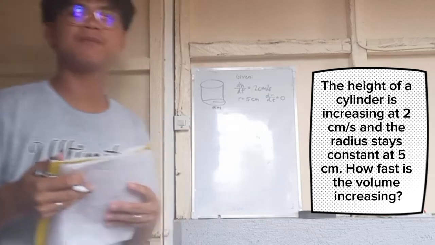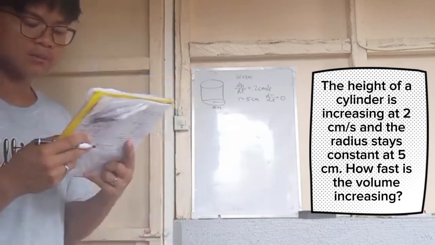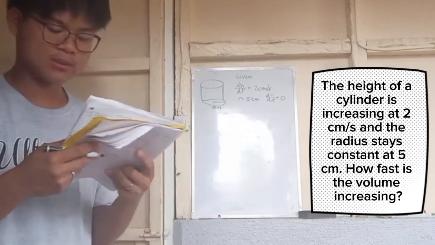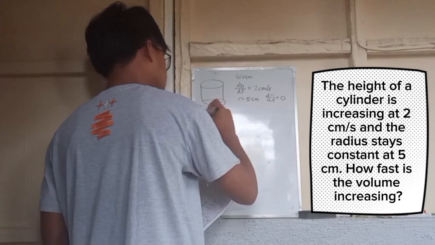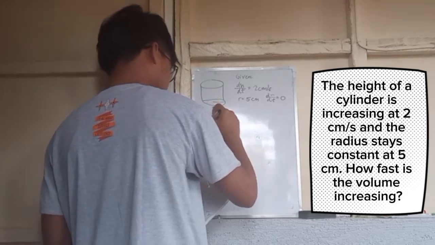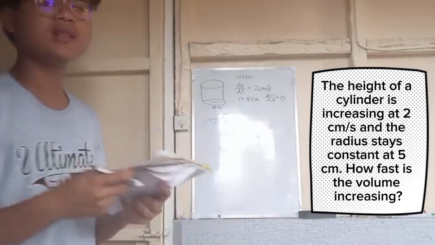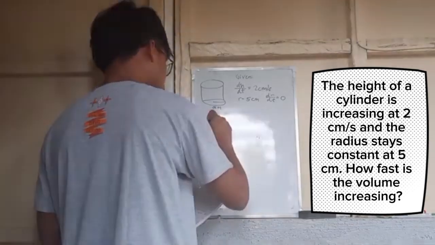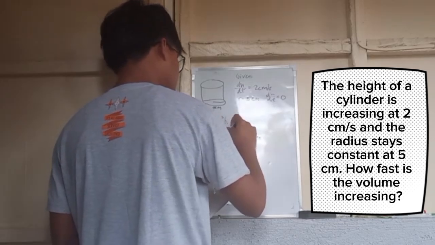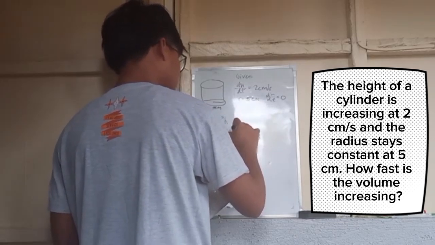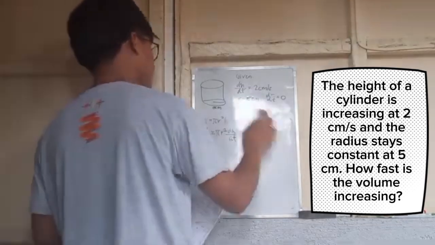So now that we have determined the given, we can proceed to the formula. We all know that the formula for getting the volume of a cylinder is equal to pi r squared times height. Then differentiate the formula so that you can get dV over dt is equal to pi r squared dH over dt. Now, we'll substitute the given values stated in the problem.